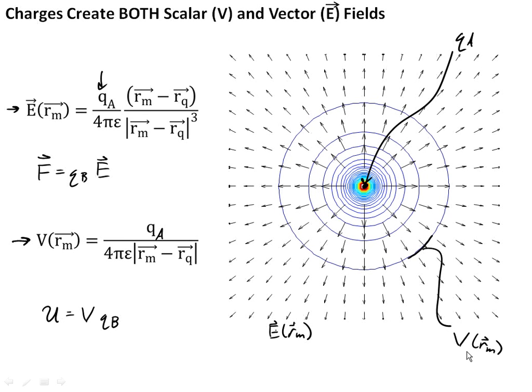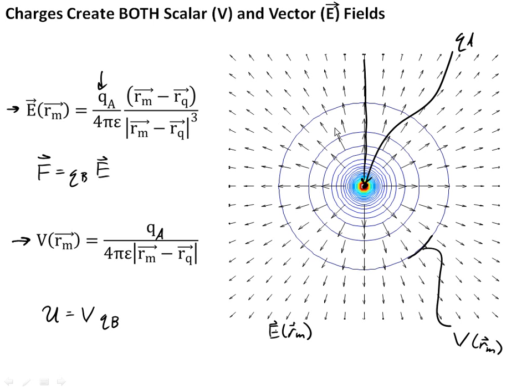You'll notice a couple of relations between the arrows, the electric field, vector field, and the potential, the scalar field. It looks like the scalar field is always perpendicular to the electric field. And this actually kind of makes sense, because you'd expect that potential energy to decrease as the square as you go out radially any distance.